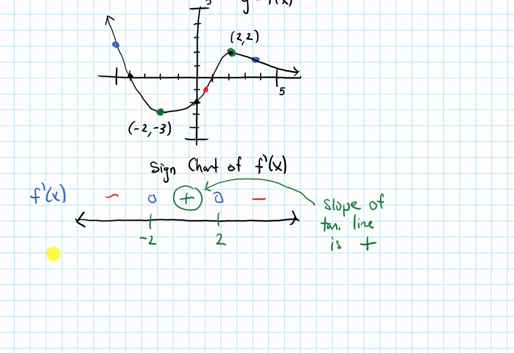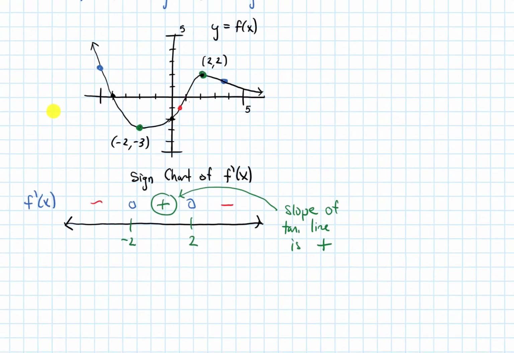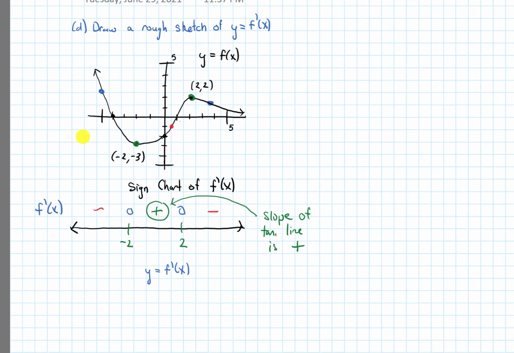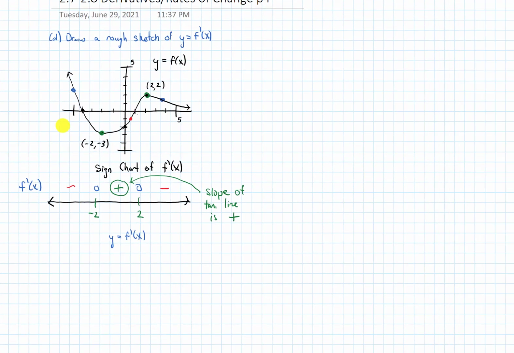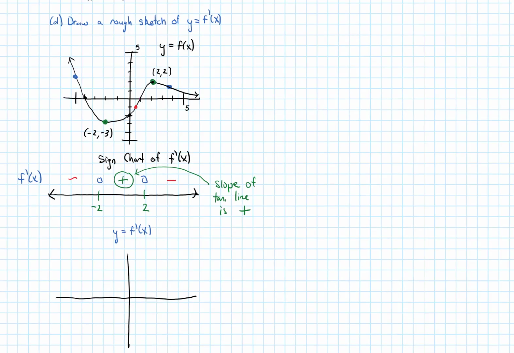Okay, so let's use the fact that I know these signs to now draw a rough sketch of my derivative. So y equals f prime of x. Let's zoom out a little bit more. I'm going to draw some axes, a y-axis and an x-axis, and put some tick marks: 1, 2, 3, 4, 5, then -1, -2, -3, -4, -5.